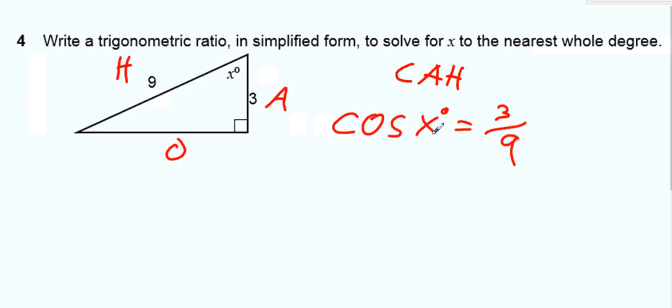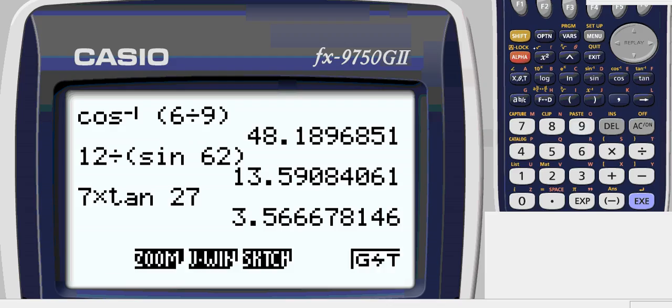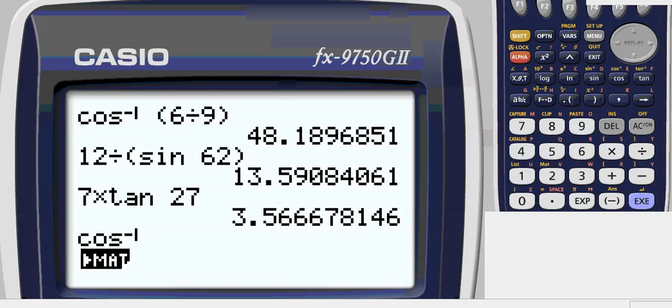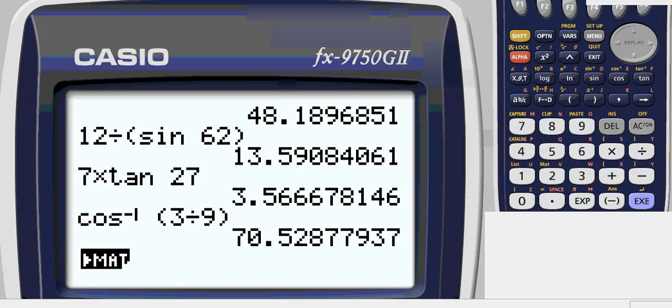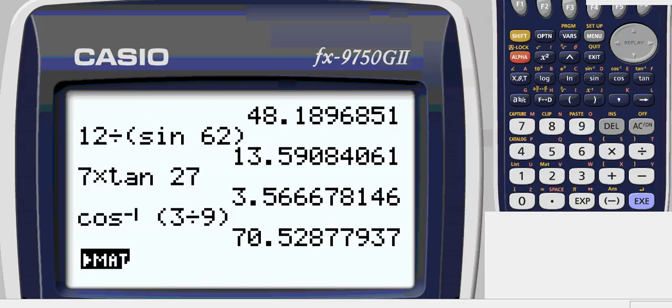Then to solve this, since x is our angle, we do inverse cosine. 3 over 9 equals x. Inverse cosine, 3 over 9. 70.53, I think it says we're just round it to the nearest whole. So 71.